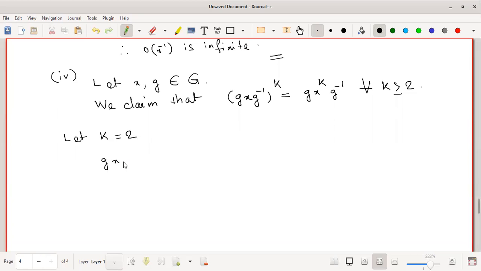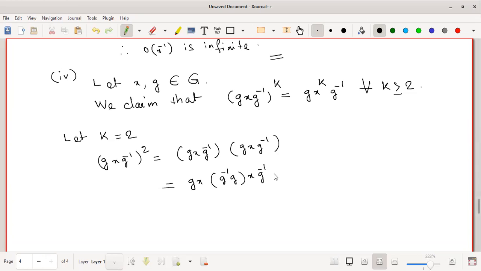So (g x g inverse) squared equals g x g inverse into g x g inverse. This is equal to g x g inverse g x g inverse, equal to g x, and g inverse g is identity, so it is g x squared g inverse.